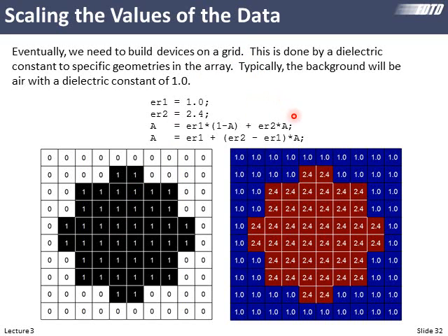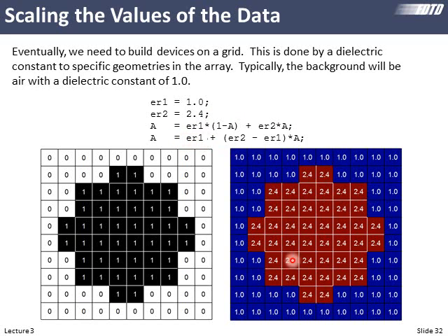Then we go over here, we use just A and multiply by ER2. That puts a bunch of ER2s in the circle and zeros still out here. So when we add these together, we'll get our overall grid where we have all 2.4s inside this circle and 1.0s on the outside.